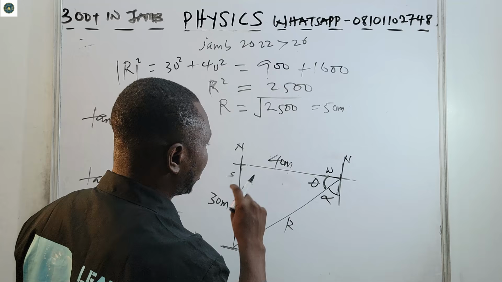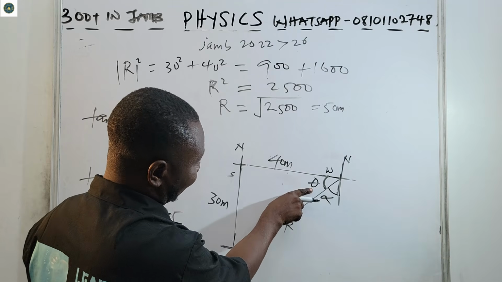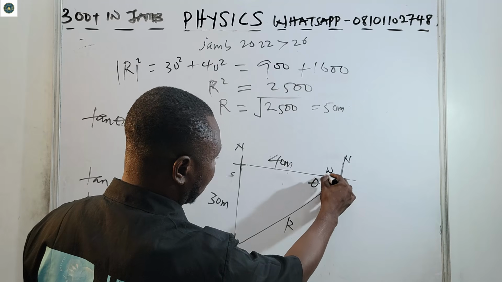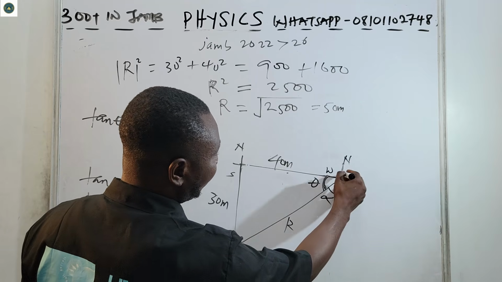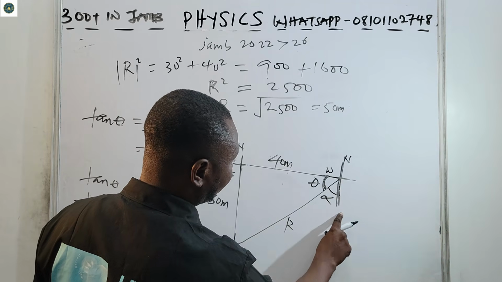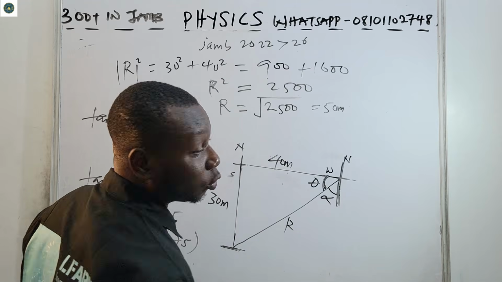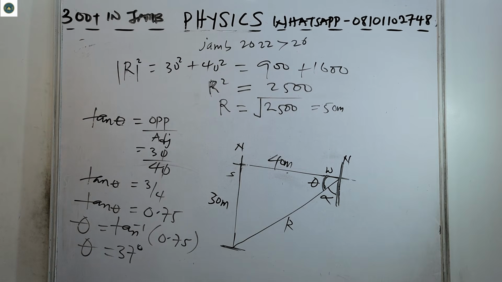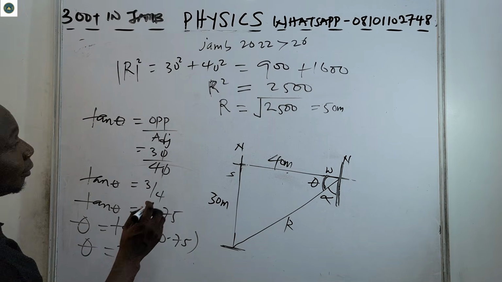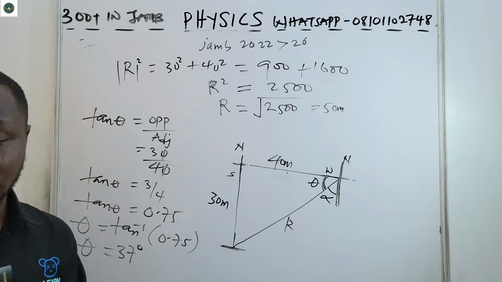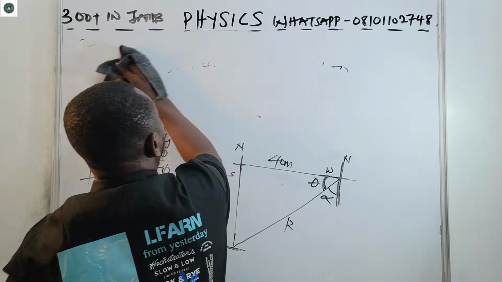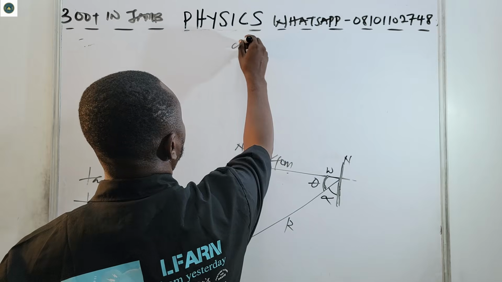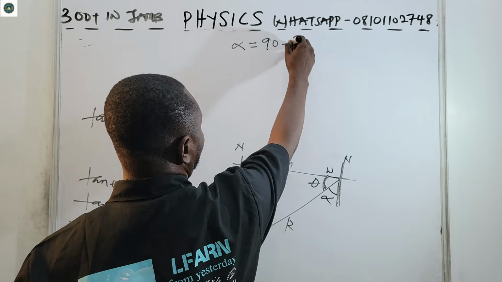So alpha will tell us the direction, because theta here is not lying with the reference point, it's lying with the horizontal and the magnitude. So definitely we need to find in terms of southwest. That means we need to find the complement of 37. That should be 53. So that means alpha, let me wipe this part. So that means alpha is 90 minus theta.